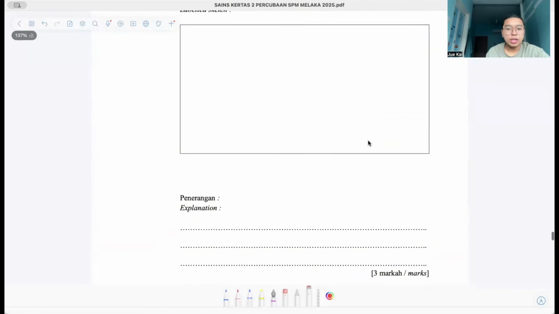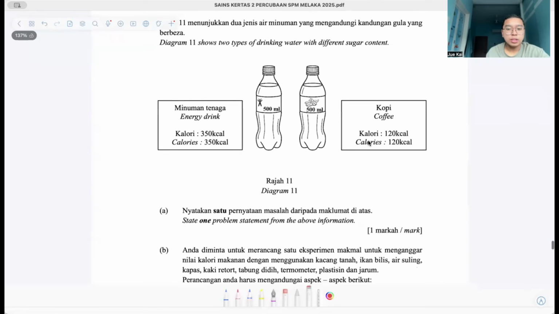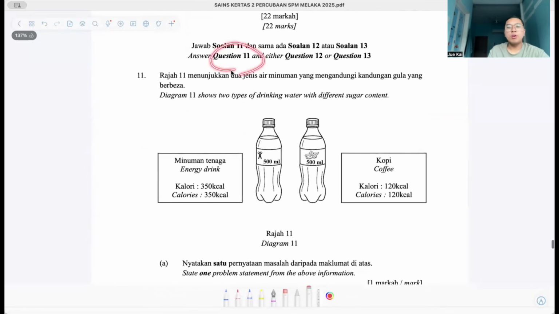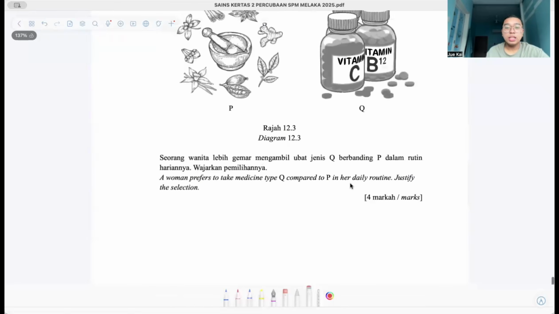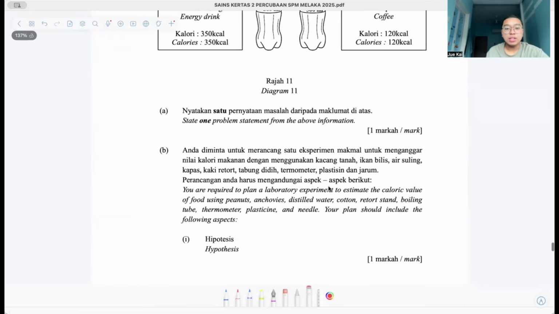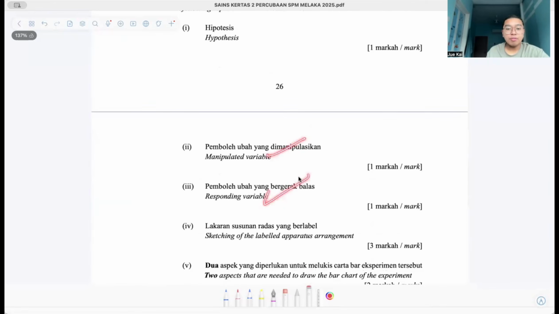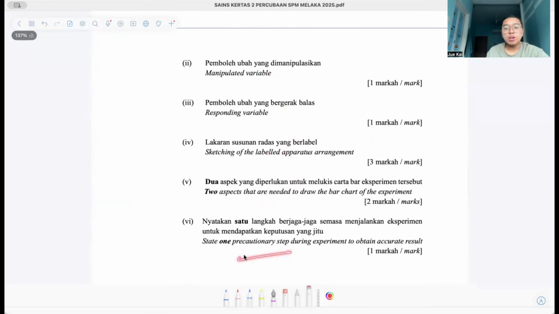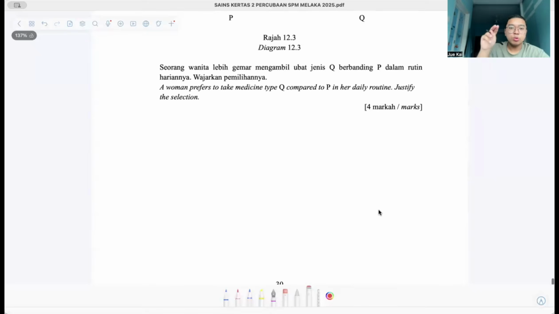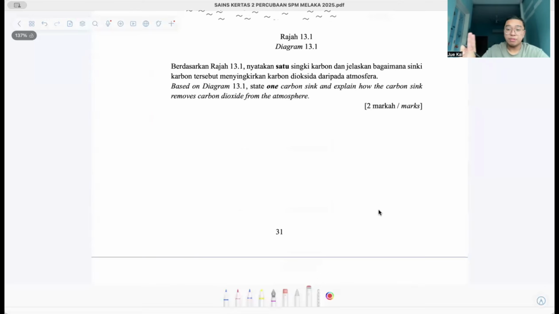Okay, this is theory. You see, question 11, confirm come up. It even asks you all of them: MV, RV, and then precautionary is CV. Experiment question confirm comes out, I tell you. So you just need to memorize MV, RV, CV to survive.